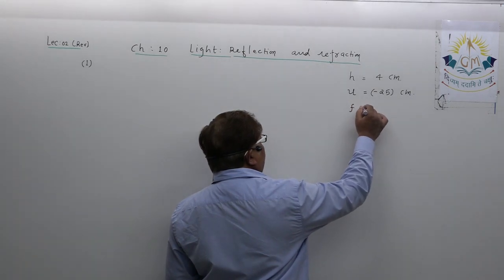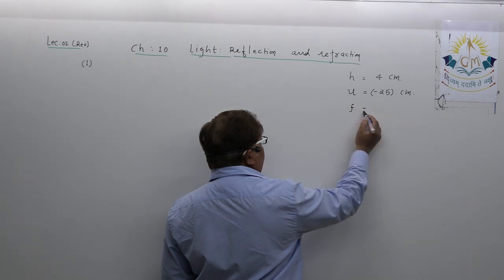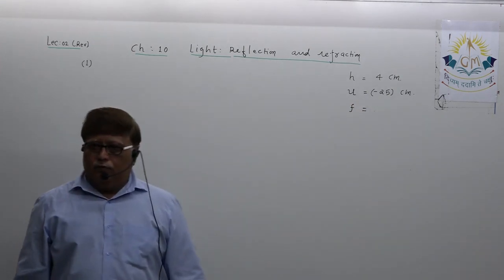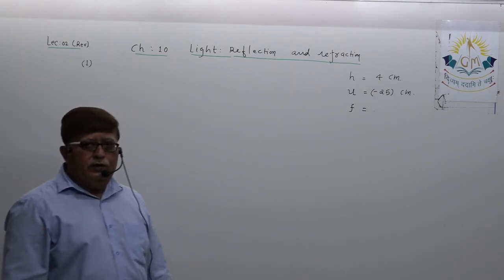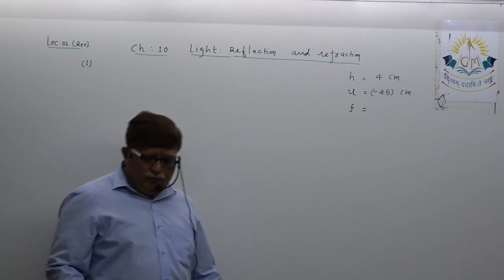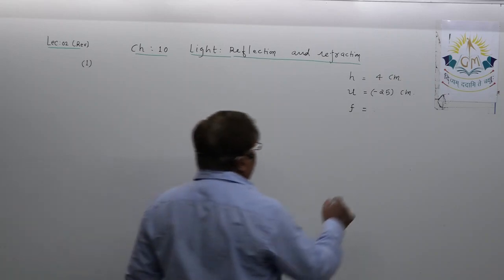As I mentioned in the first revision lecture, for a concave mirror the focal length is always taken negative, for a convex mirror it is always positive.